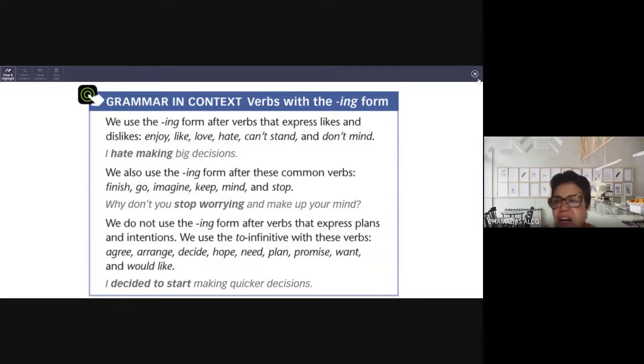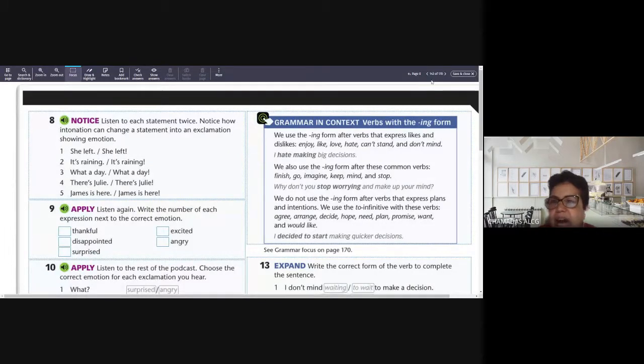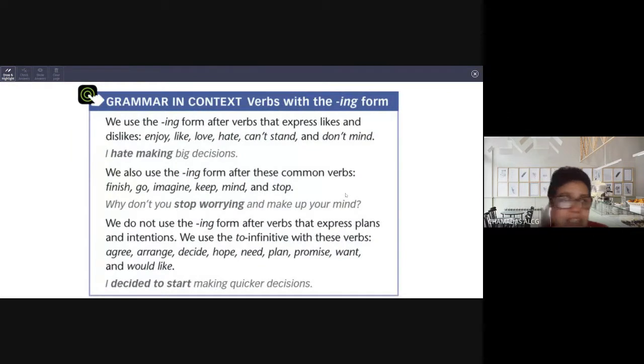We're here on page 143, okay? The first box, verbs with the ing form, okay? So I'm just showing them and now showing you the verbs that provoke a transformation in other verbs that come after them. So let's see some of these verbs. We use the ing form after verbs that express likes and dislikes.